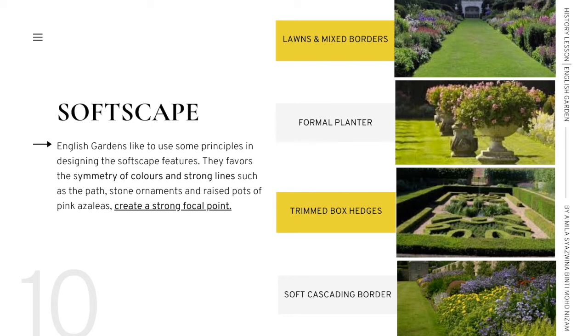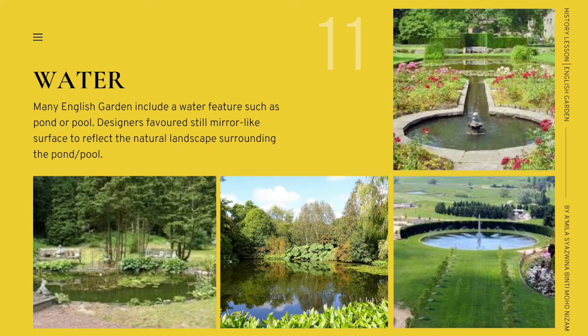Other softscape features that they use are lawns and mixed borders, formal planters, trimmed box hedges, and soft cascading borders. These are the softscape features or styles that they usually use in an English garden.